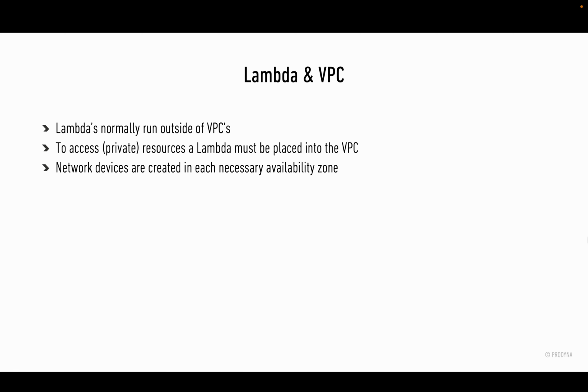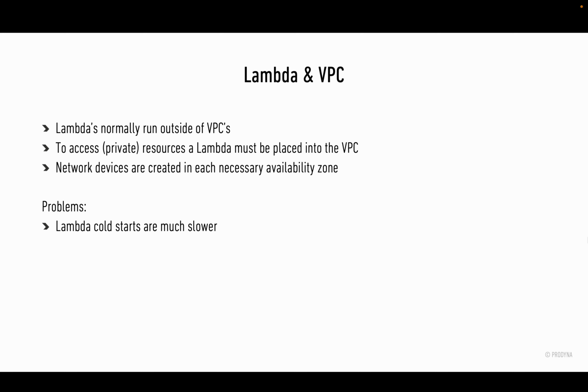And then what happens is that network devices are created in each necessary availability zone. So in a nutshell, this means that in each data center where you got resources, you need a network device to access these resources. There are some problems with this.